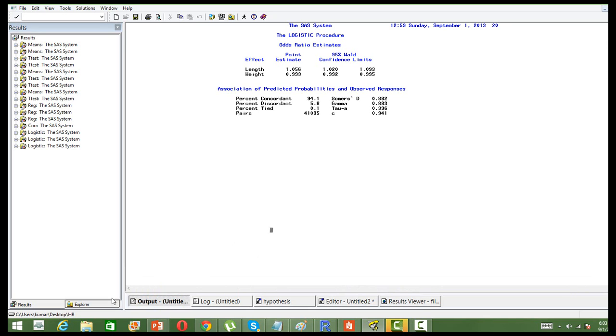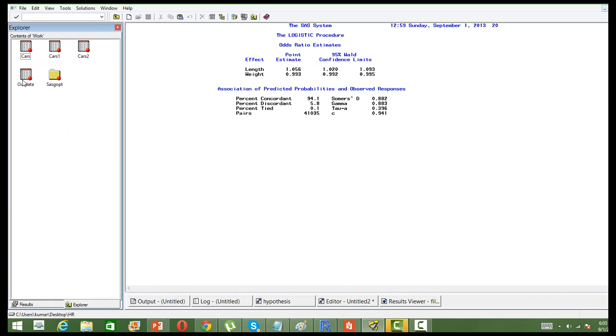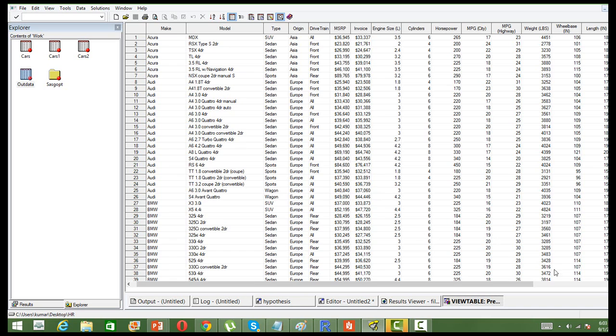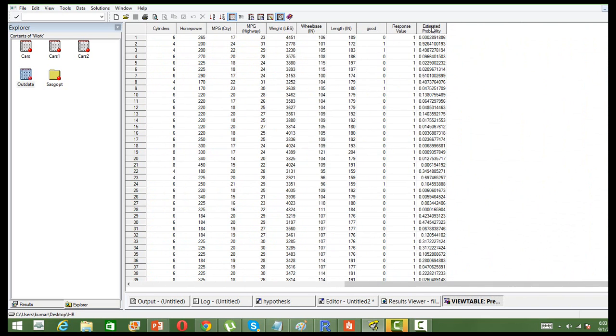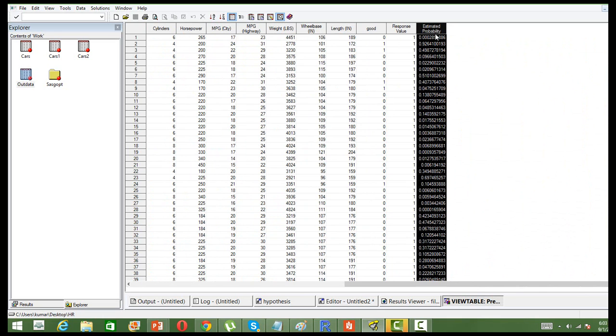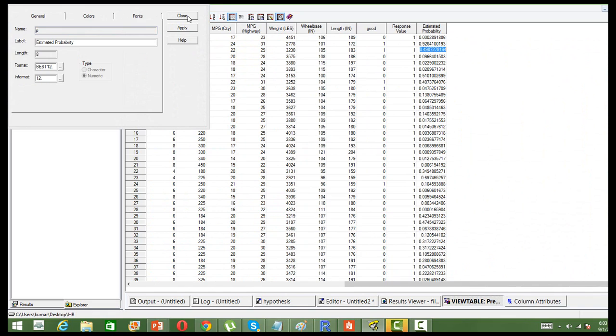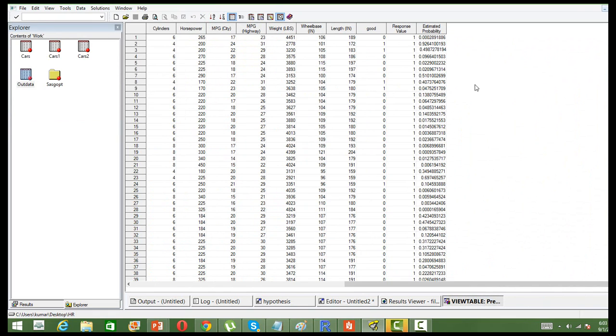Same thing. Just go to out data. Go to the last. We'll have the estimated probability. Now you have your probability values for each of these data sets. Now you can do a cross check also.